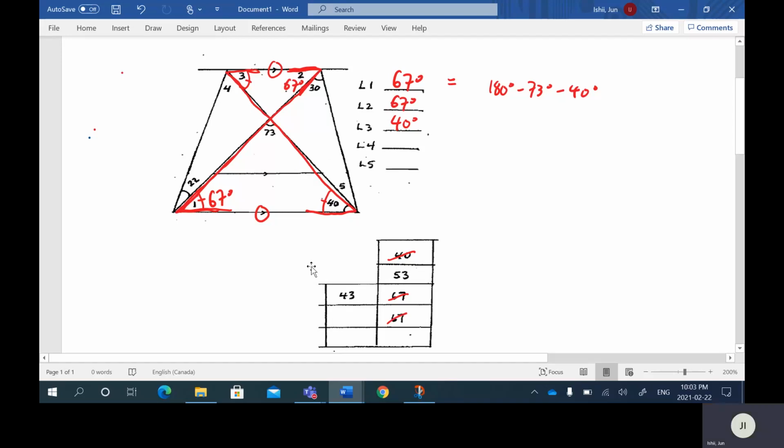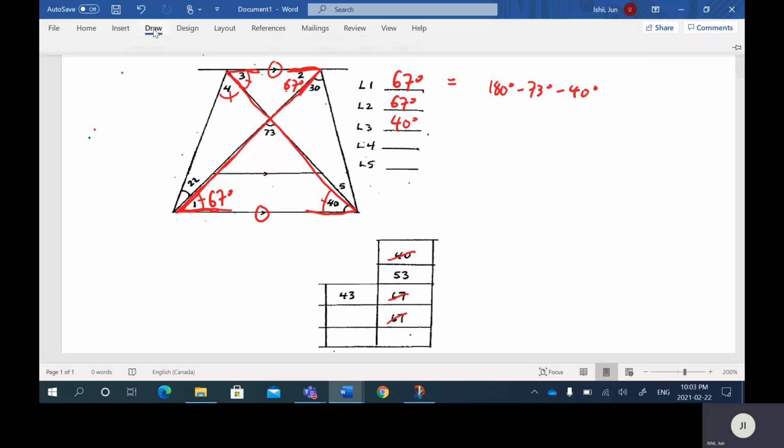All right. So next up, angle 4. So this angle right here. Let's just see what we can do here. Actually, I'm just going to erase these lines here, a little bit distracting. All right, so angle 4.